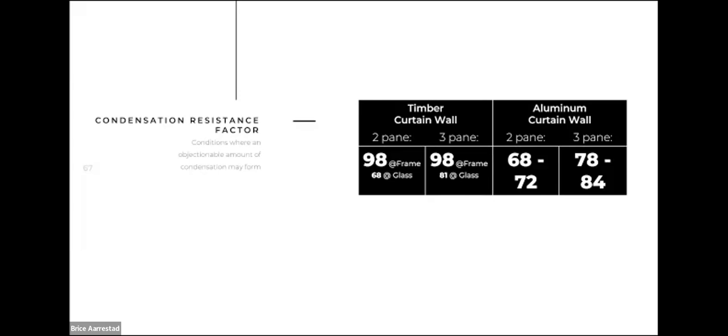If you're using a triple pane IGU, that glass would have an overall system performance of 81. So the mullions and transoms are higher performing than the glass when it comes to condensation. Comparing that to aluminum at 68 to 84% from double pane to triple pane, there's quite a sizable change there.